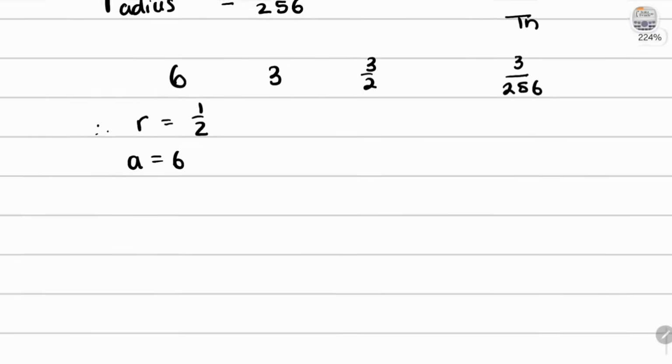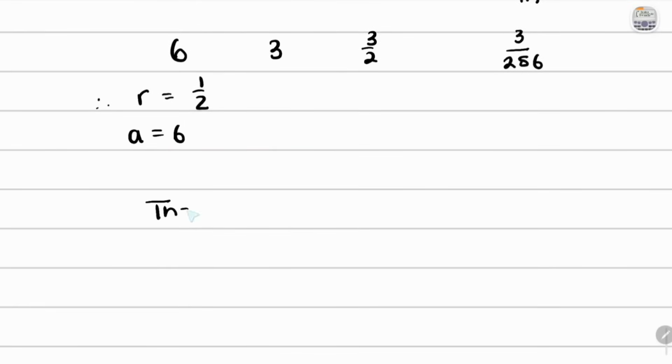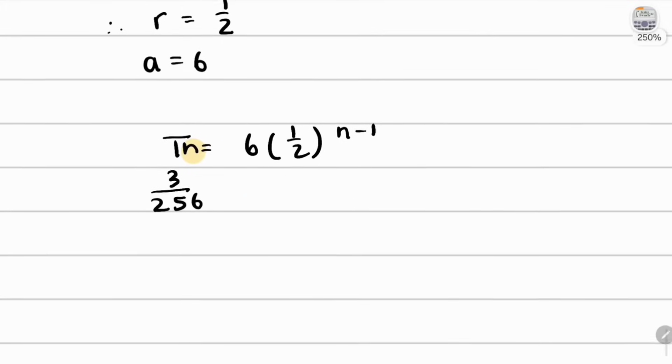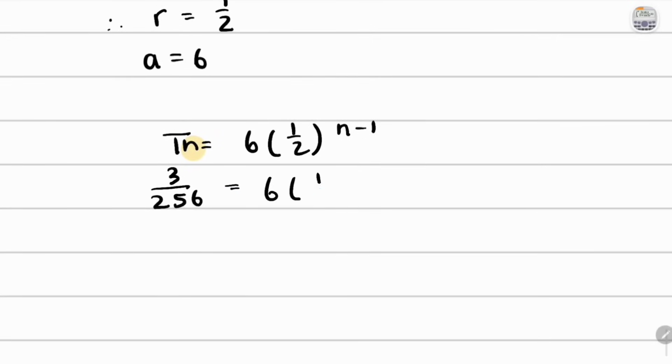So we can find that by finding the Tn formula, which is Tn equals a, which we know is 6, times r to the power of n minus 1. Now r is 1 over 2, so to the power of n minus 1. Looking for n, we're going to substitute in place of Tn 3 over 256. Okay, so it's equal to 6 times 1 over 2 to the power of n minus 1.